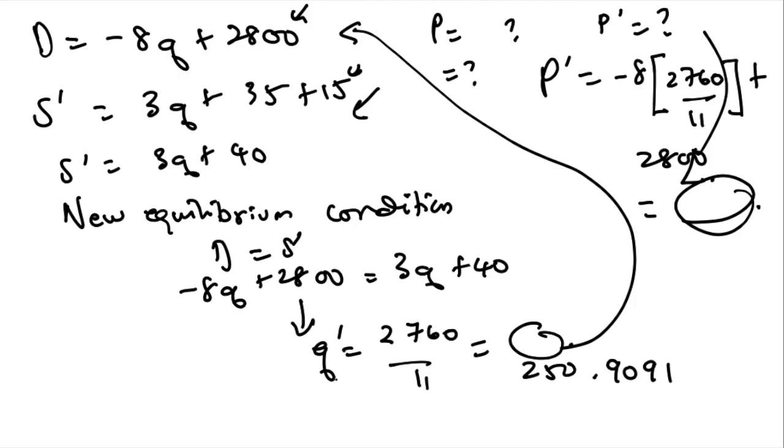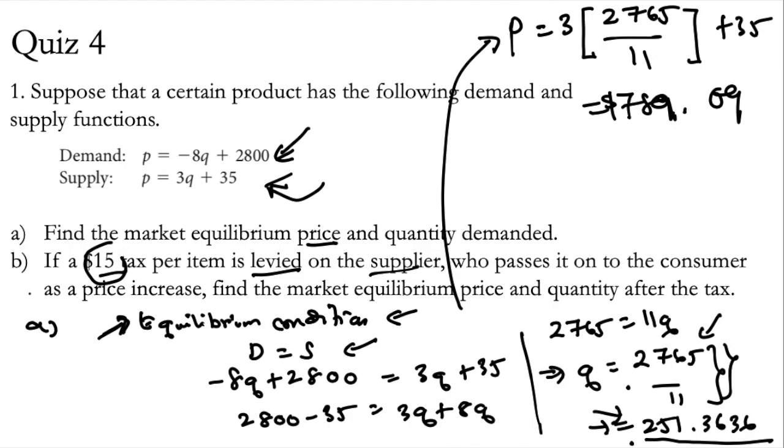Same goes for quantity. Logically speaking, because tax is imposed, quantity will reduce. But by how much? You see the difference between the old quantity and the new quantity. And when tax is imposed, the price will increase from P to P prime. By how much? By whatever value you get here minus the value you got earlier for the price. That's how you answer when the exercise asks you to comment on the difference between A and B. So that's for quiz number 4.